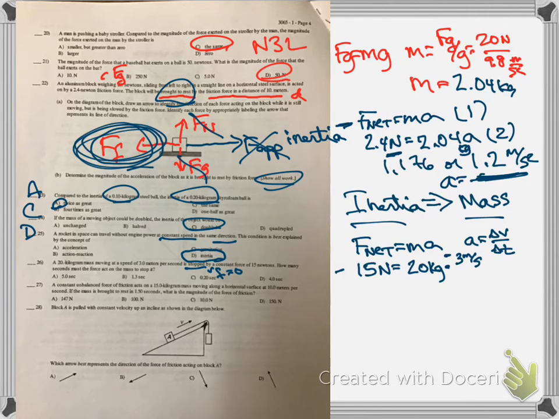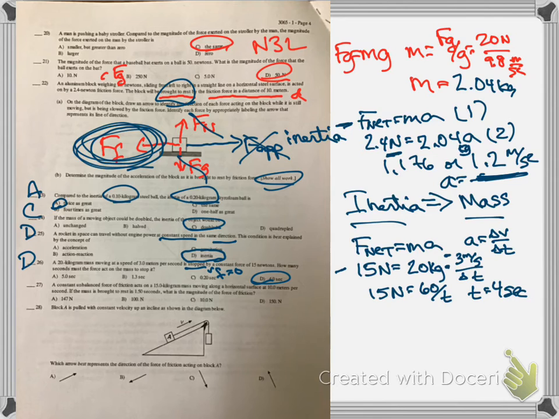This would have been a negative force there, divided by delta t. So I think it's 15 newtons equals 60 divided by t. So t is going to equal 4 seconds, if I did my math right. That's D.